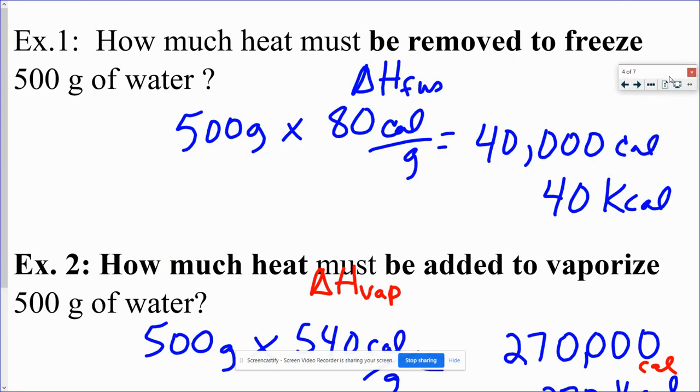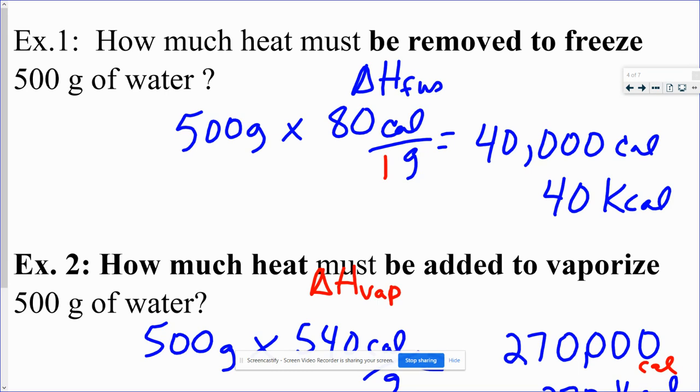So if we were going to calculate how much heat must be removed to freeze 500 grams of water, we would just multiply the amount of water times the heat of fusion, which is 80 calories per 1 gram. That would come to 40,000 little calories, which is 40 kilocalories.